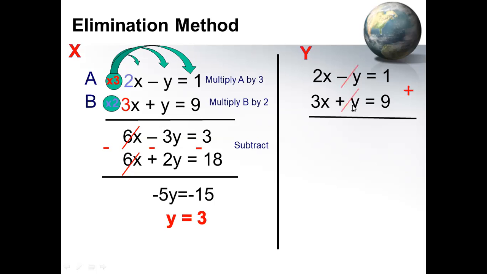When I add the two equations, negative y plus y is 0, so I eliminate y. Then I add the rest: 2x plus 3x equals 5x, and 1 plus 9 equals 10. So x equals 2. That's how we solve simultaneous equations and find the values of x and y.